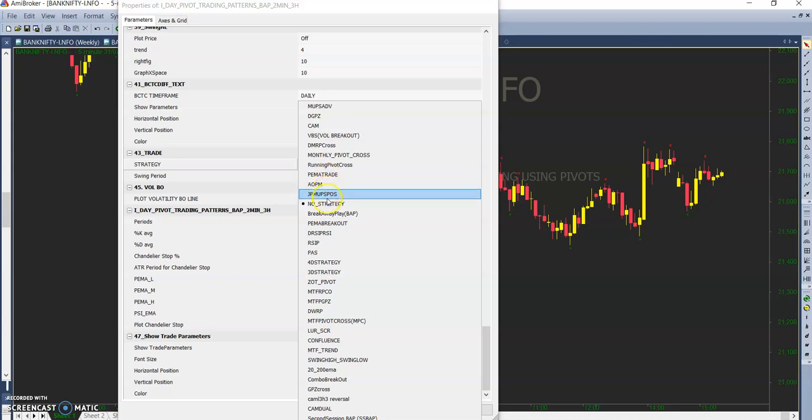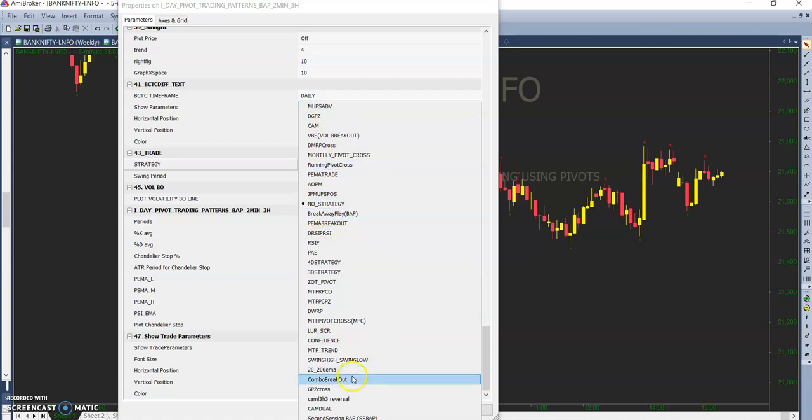The strategies that are above this no strategy are grade A strategies, and the strategies below this particular option, no strategy, are grade B strategies. Grade B strategies are found to be either average or below average in terms of performance, as evident from the backtesting results. So your basic focus should be on the grade A strategies.